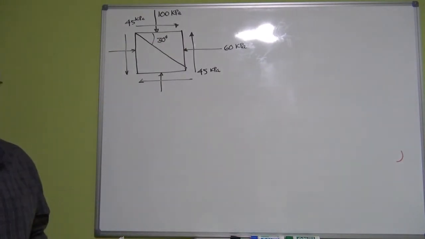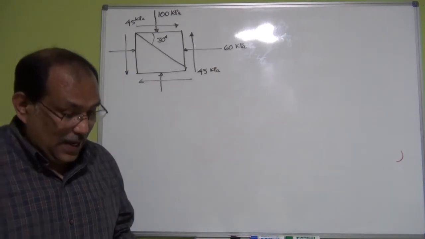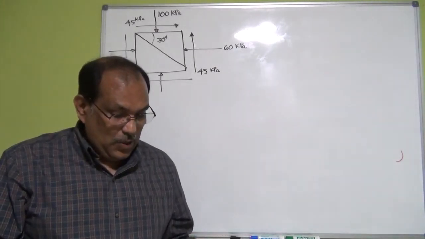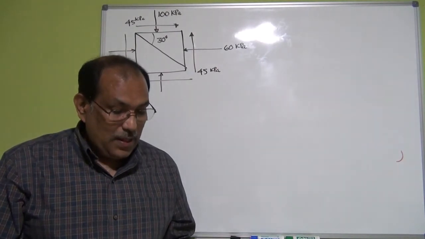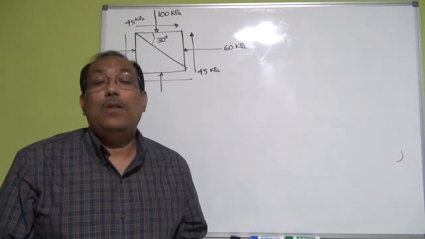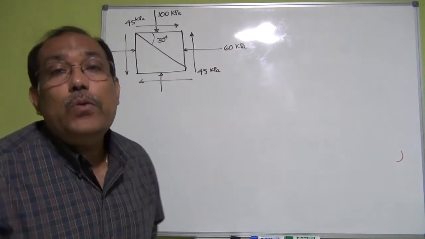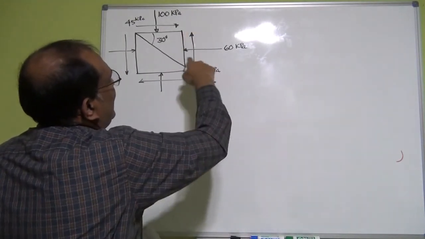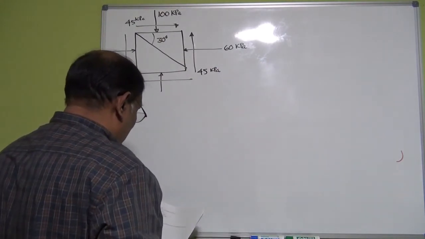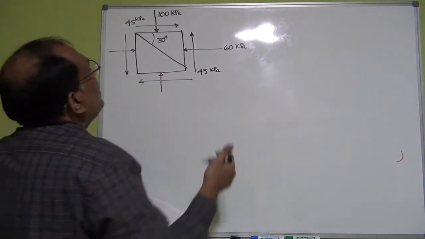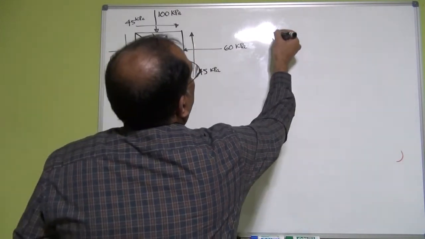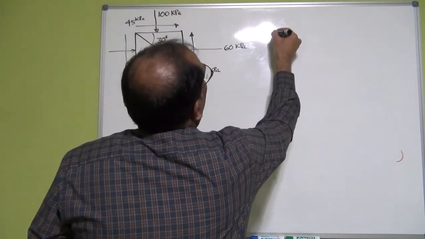So number 4, they give you this figure here, and you have to show where the pole is. To find the pole, look at the right side here. What are the values of your sigma X, sigma Y, and your tau here?